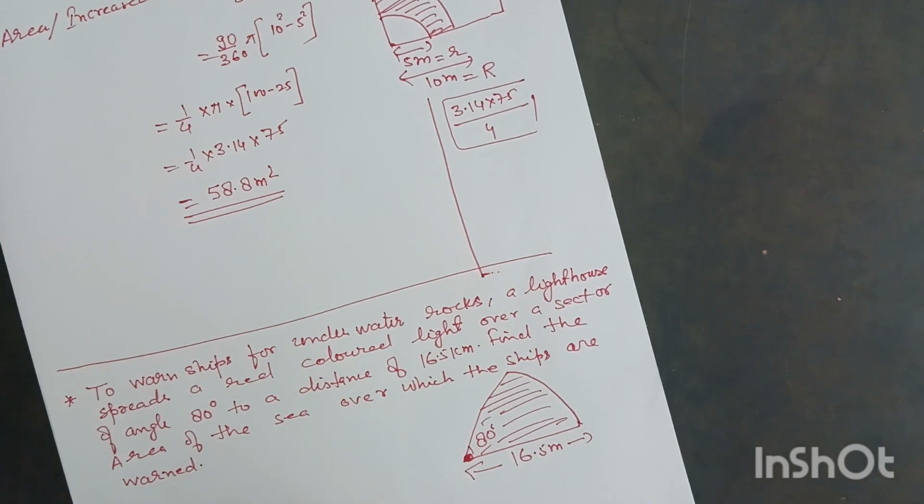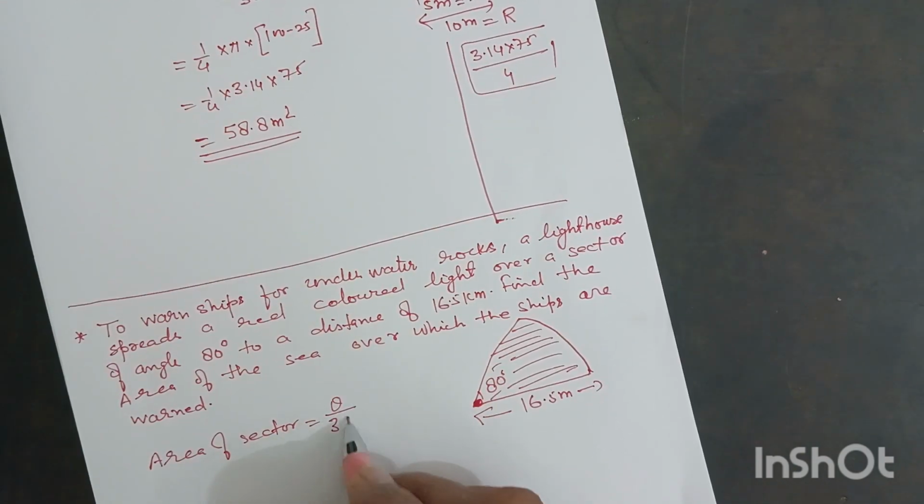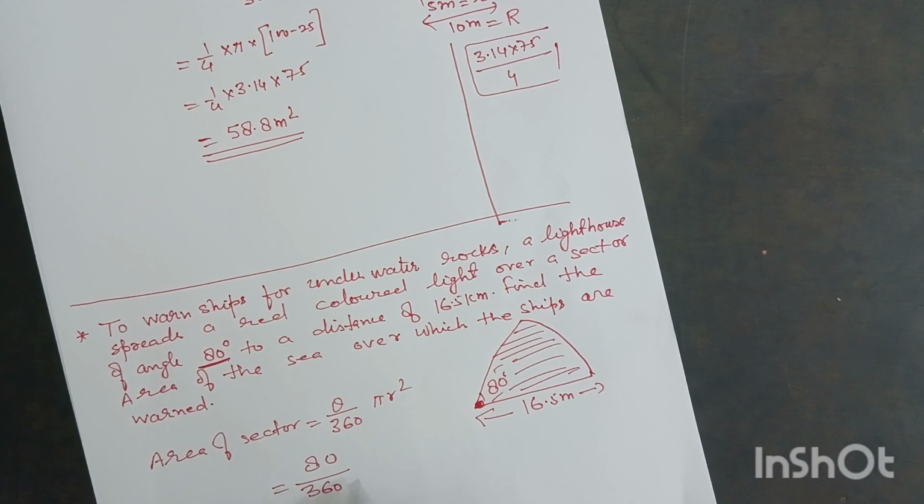So here area of sector, this formula will be again theta upon 360 pi r square. Here theta is 80 degree, and this is 360. Value of pi is 3.14 and radius is 16.5 kilometer.